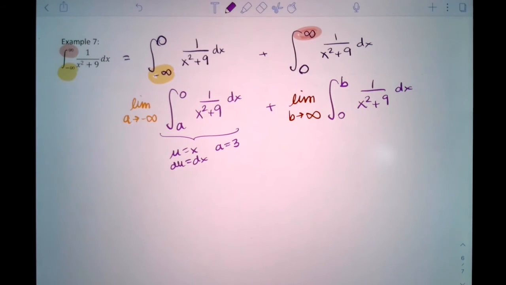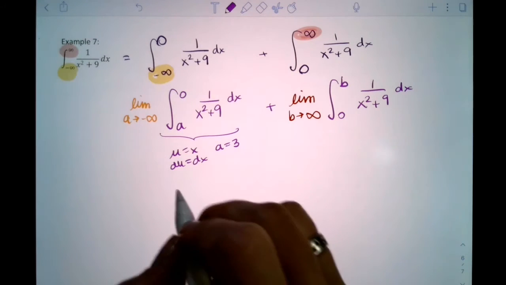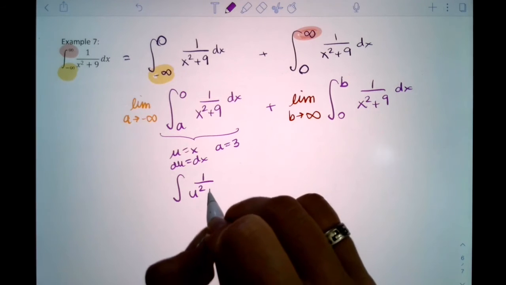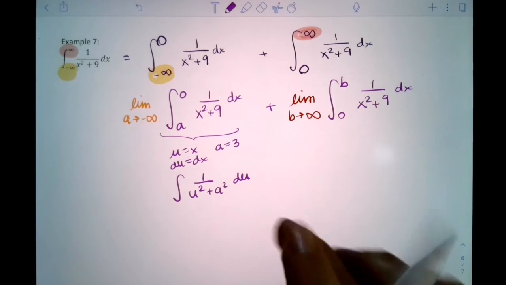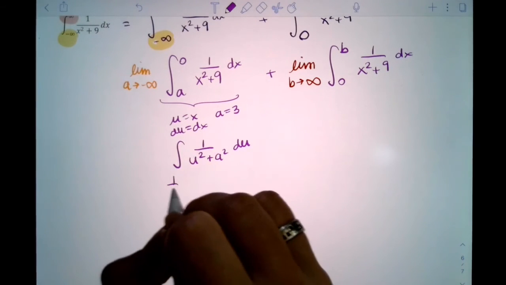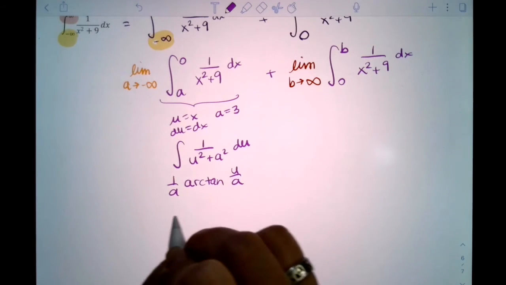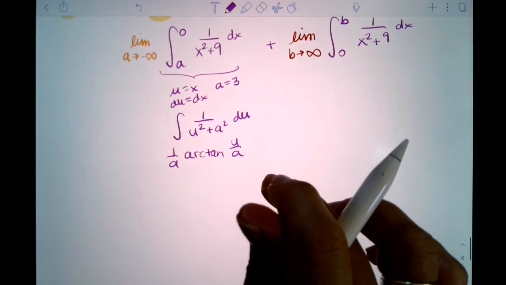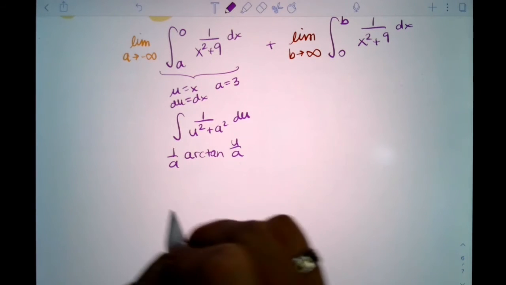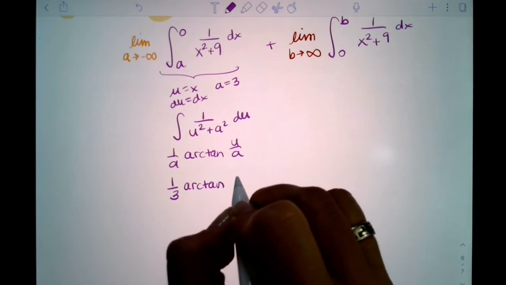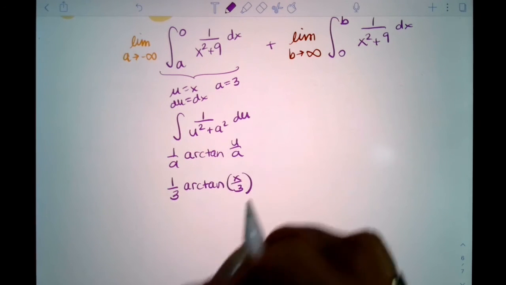If I let u equal x, which I still have a follow through, that du is dx, and I let a equal 3, what I end up with in this integral is 1 over u squared plus a squared du. So that antiderivative is 1 over a arctan of u over a. I'm going to switch back to my x variable, because you were working so hard on what that antiderivative is.